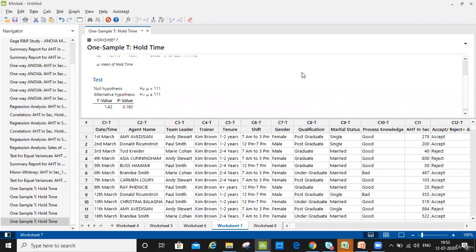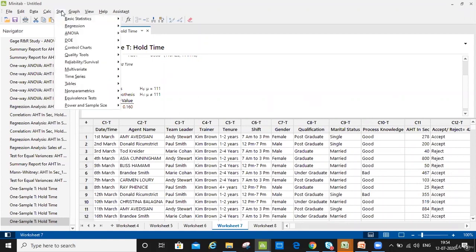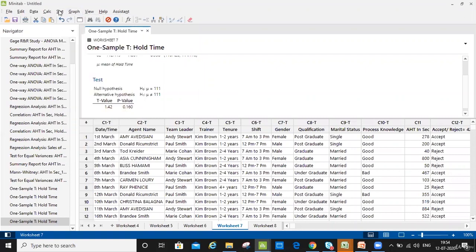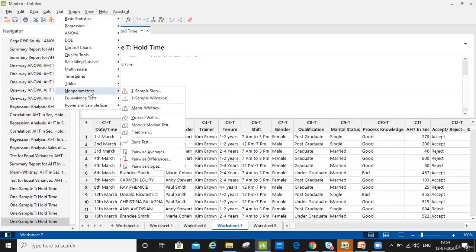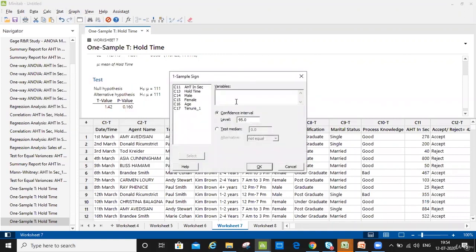Okay, similarly, there is a test called one sample sign, or one sample Z. This test is to be done when your data is not normal. So you've already done the normality test and you see that data is not normal. So in that case, go to Stat, Nonparametrics, One-Sample Sign.